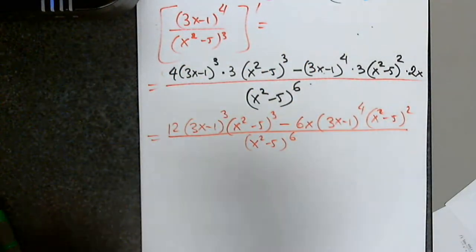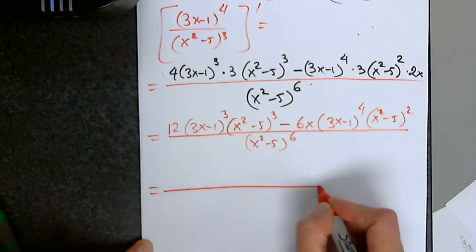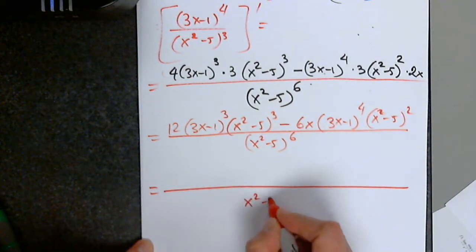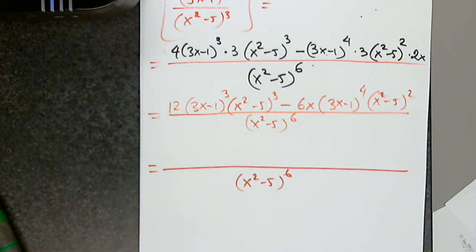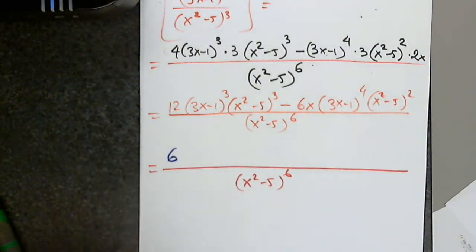Perfect. So now I would like you to factor out the greatest common factor coming out from the top 2 terms. I'm ready when you are. Definitely a 6. What else?